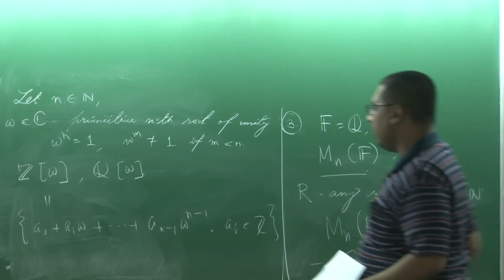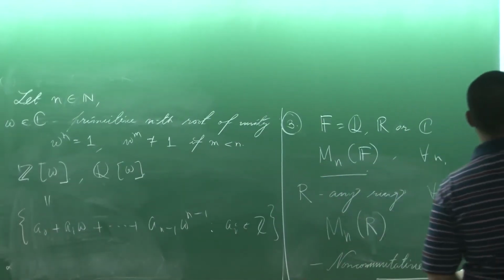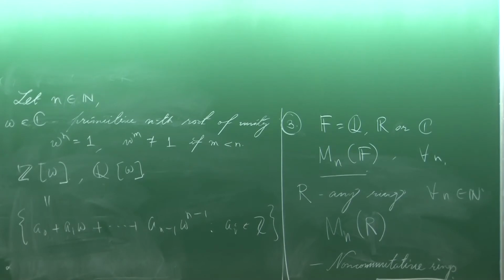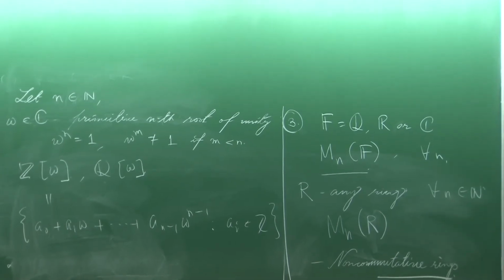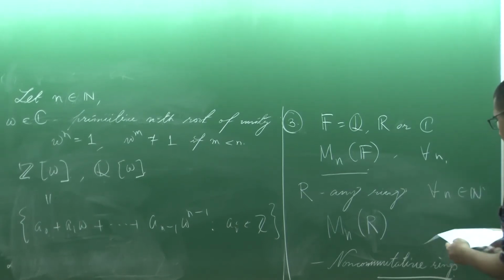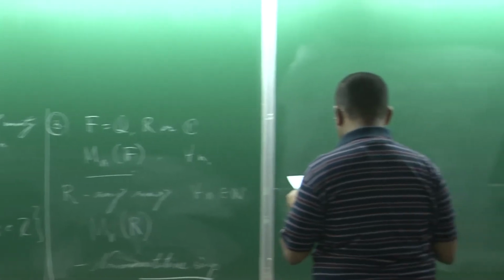And then we do have a very natural subring of this. So, from M_n(R), what we can do is consider the set of all upper triangular matrices.